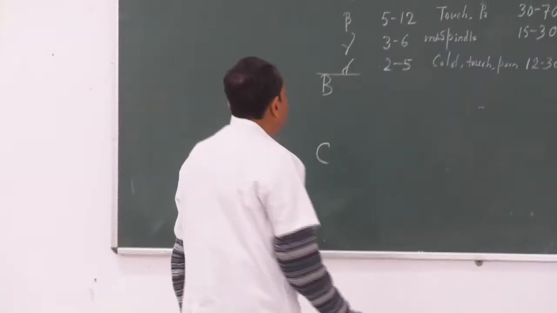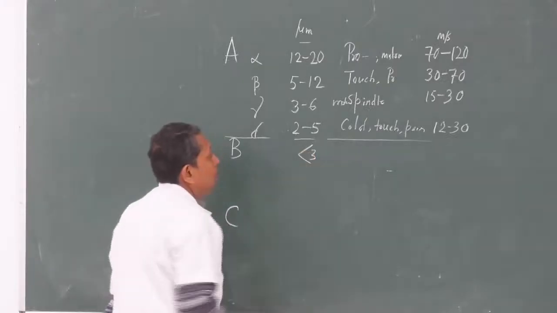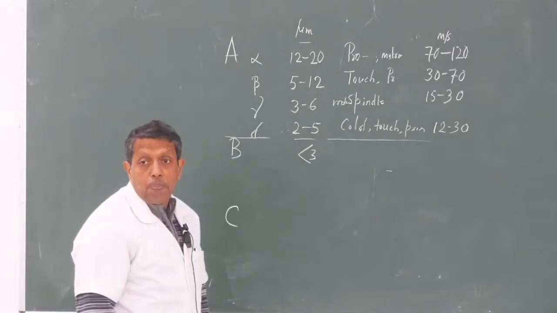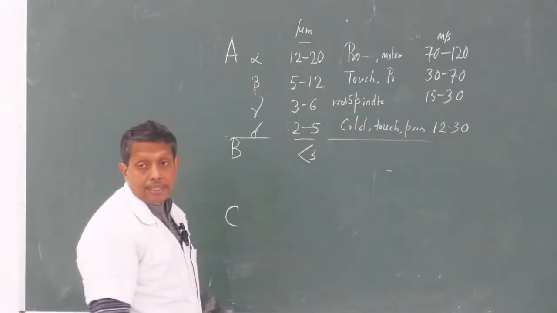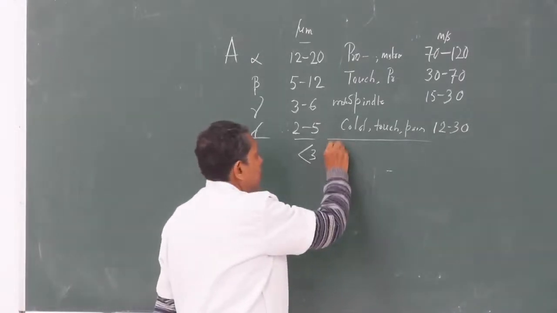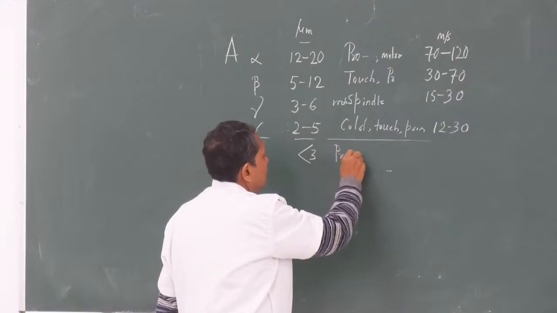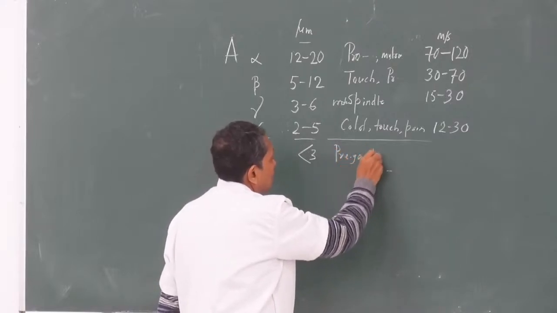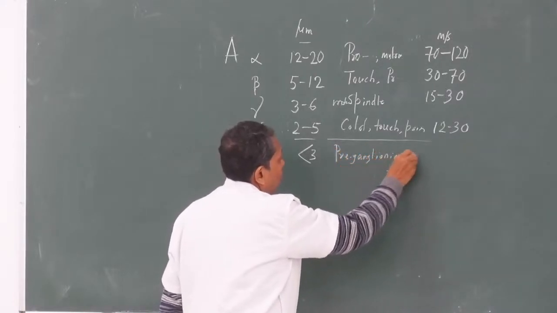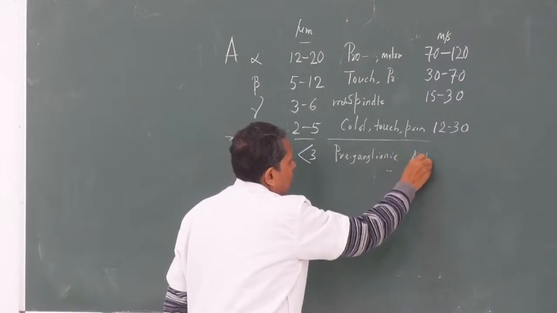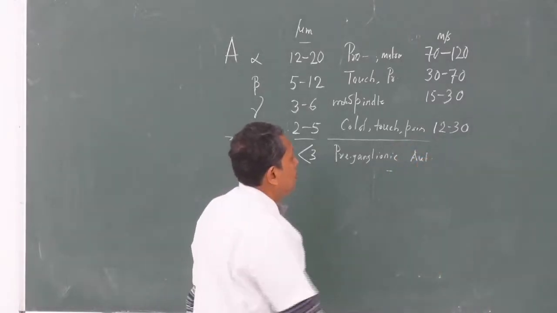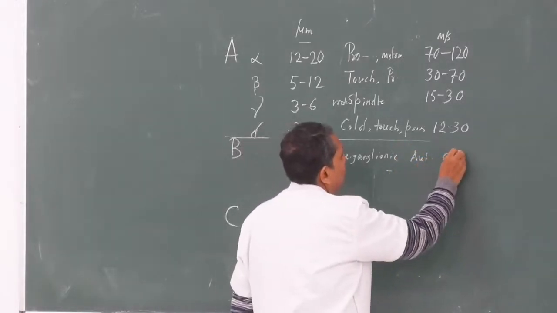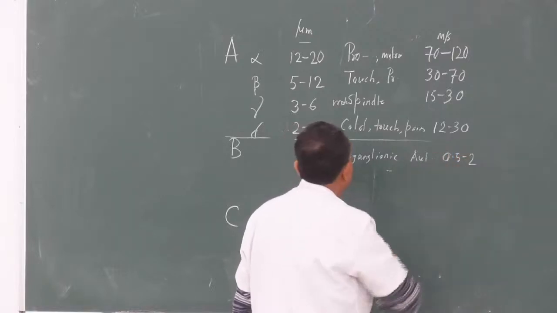And this B type of fibers, preganglionic autonomic, thinly myelinated, preganglionic autonomic. Suppose it is 0.5 meter per second.